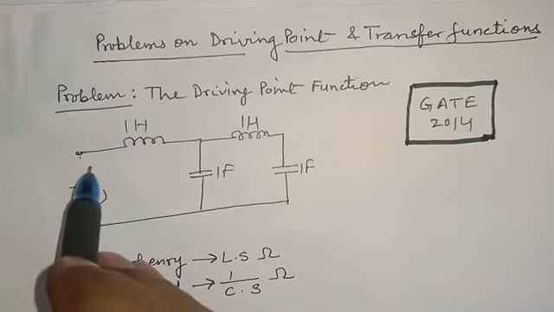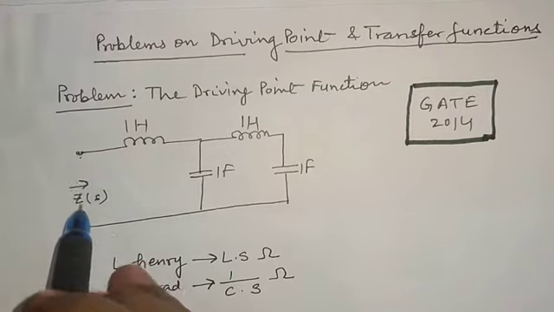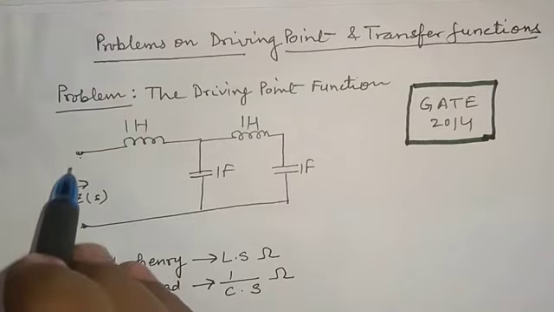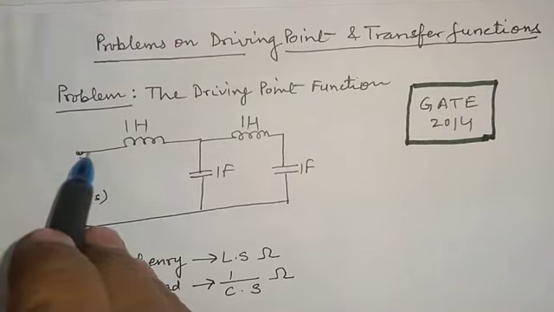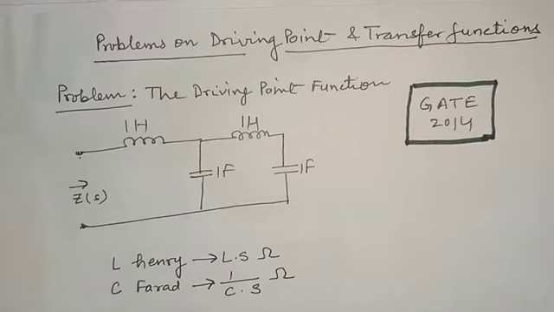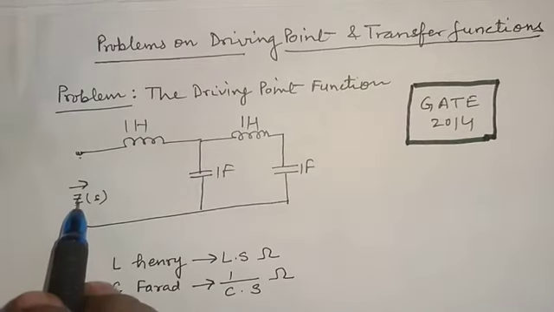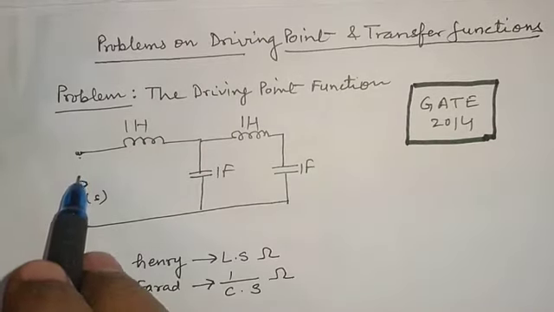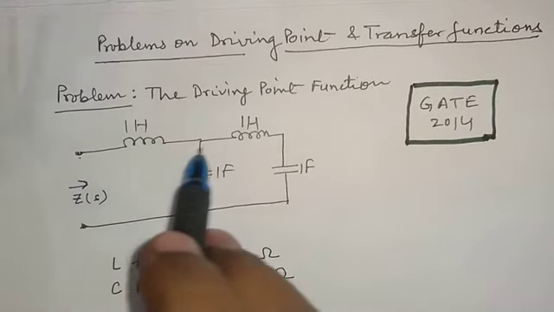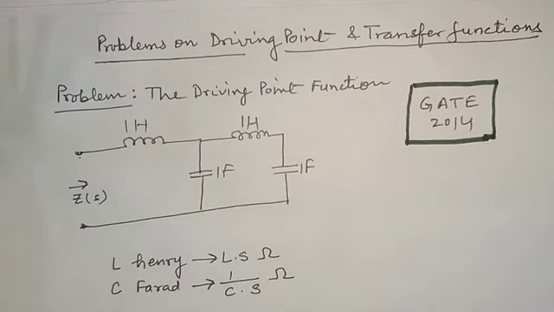The ratio of this voltage and current will be nothing but the impedance of the total function. Therefore, if Zs or driving point function is to be calculated, we have to calculate the equivalent impedance of the circuit.